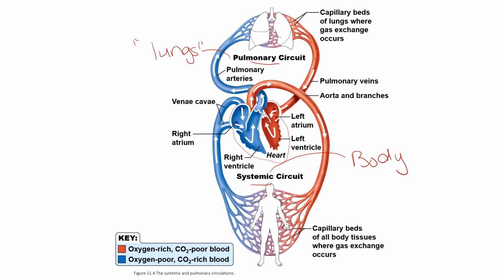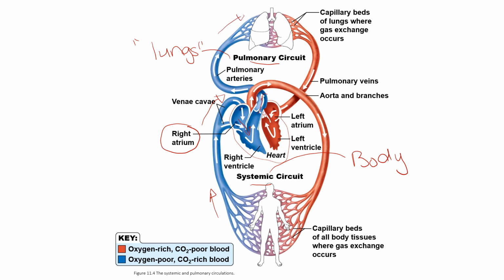The pulmonary circuit involves the right side of the heart. Oxygen-poor or deoxygenated blood, which is often depicted in blue, is picked up from the body and taken to the right side of the heart. It first enters the right atrium, then flows into the right ventricle, and then goes to the lungs, where it will pick up oxygen.